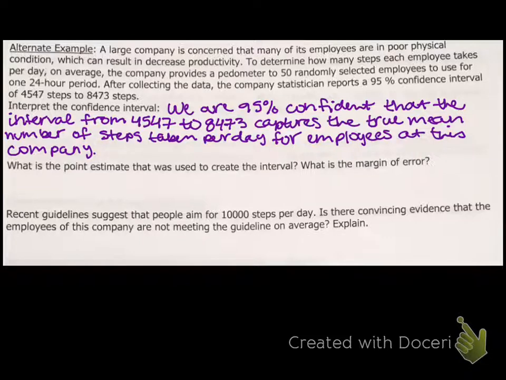What is the point estimate? What is the number that was used? What was that 47% when I said 47% approval rating before I did the 3.8 margin of error? That 47% was my point estimate. So what's the point estimate that I add my margin of error to here? We don't know. We just have the interval. So to find the point estimate, you take the lower part of the interval and the upper part of the interval, add them together, and divide by 2.